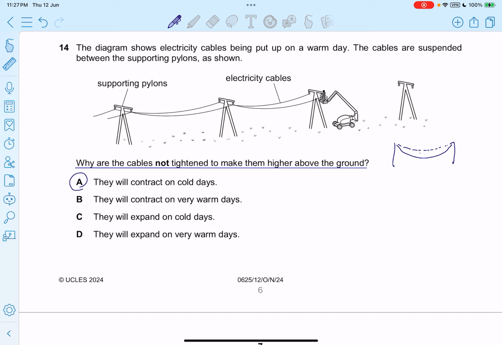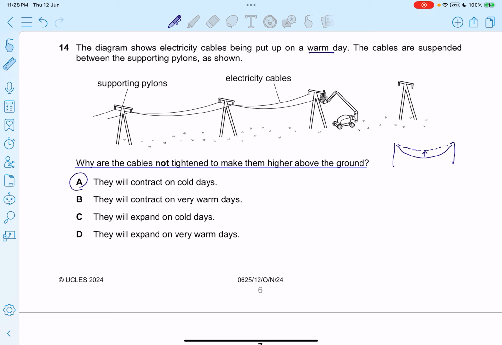They're asking about the expansion of a material based on the temperature. When it's colder, it will contract. Since it's a warm day, it's going to be drooping down a little bit, but if it's a cold day, it'll go back up.